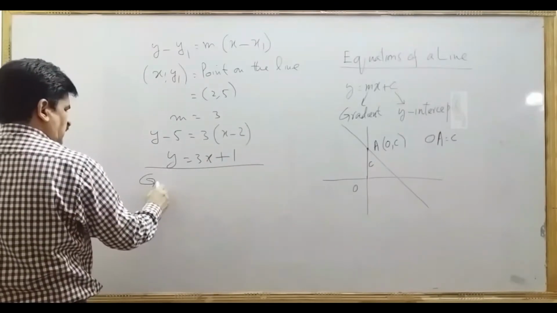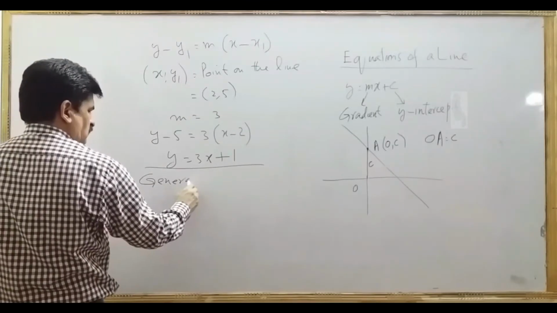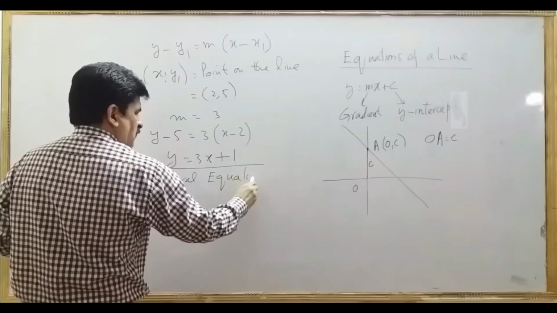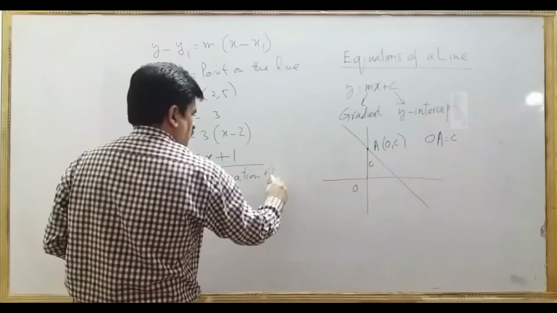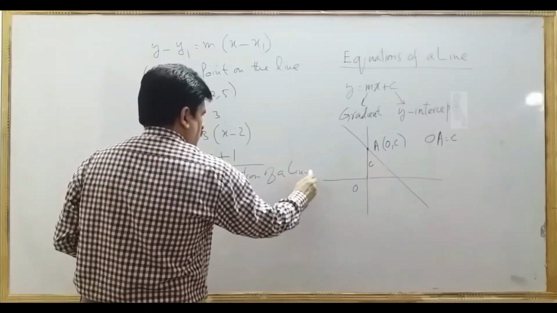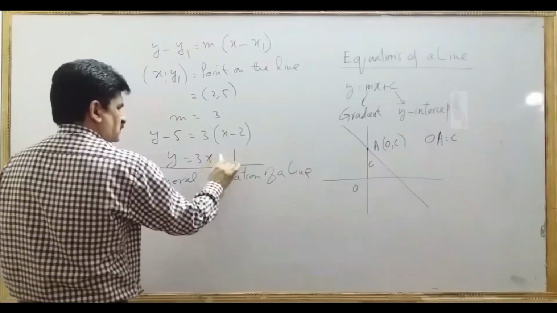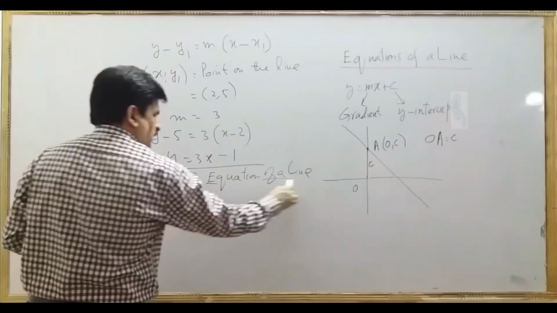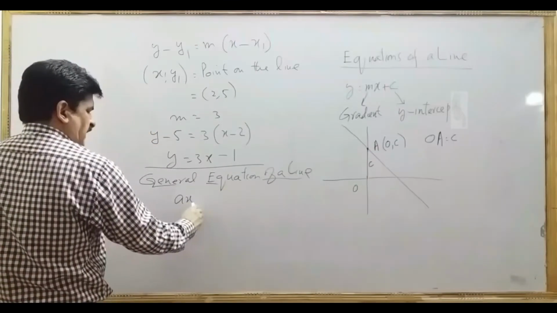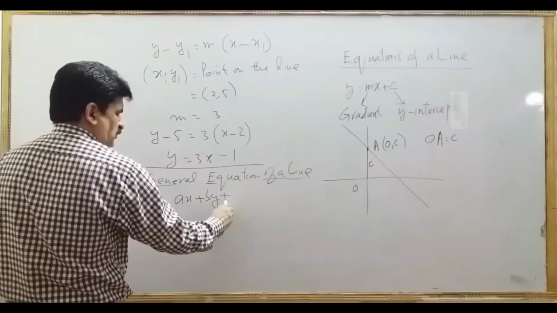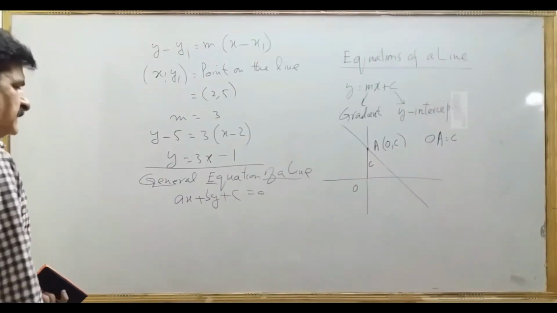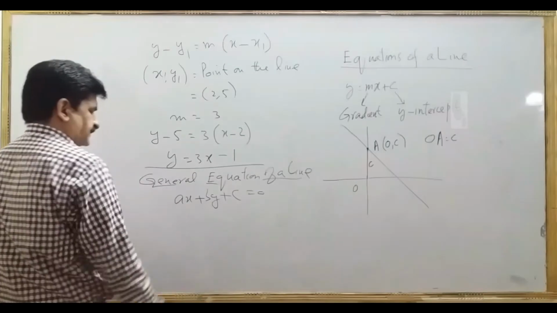Now we have general equation of line. Equation of straight line can be put into this form: ax plus by plus c is equal to 0. a, b, c are real numbers.